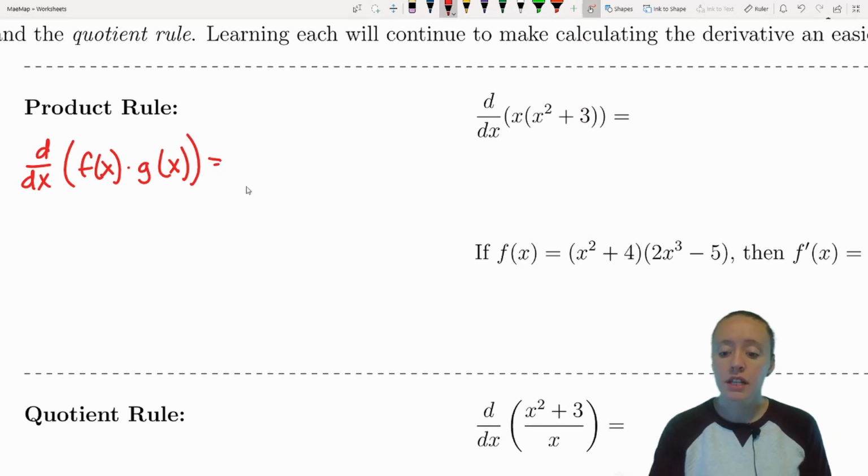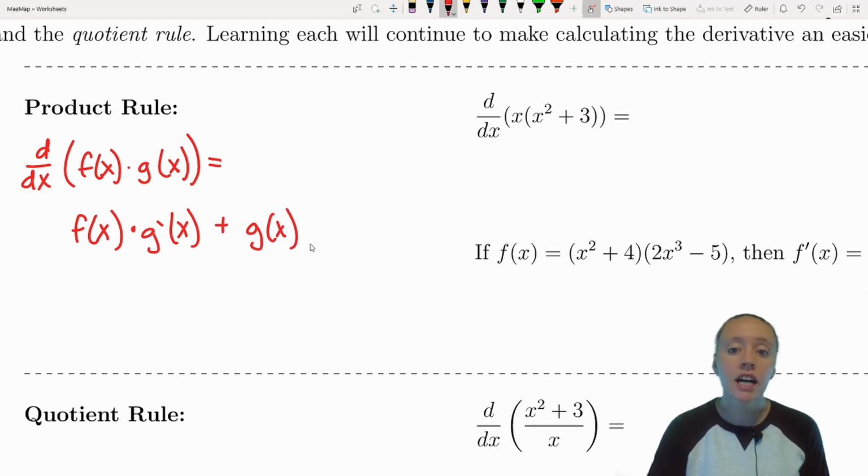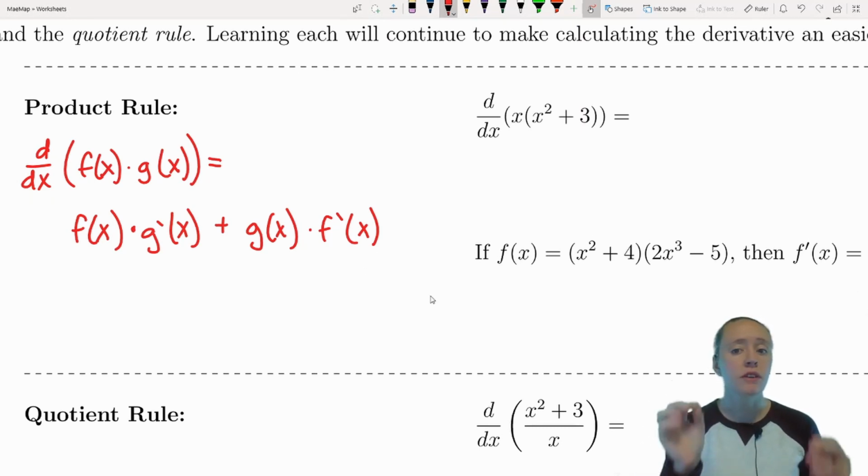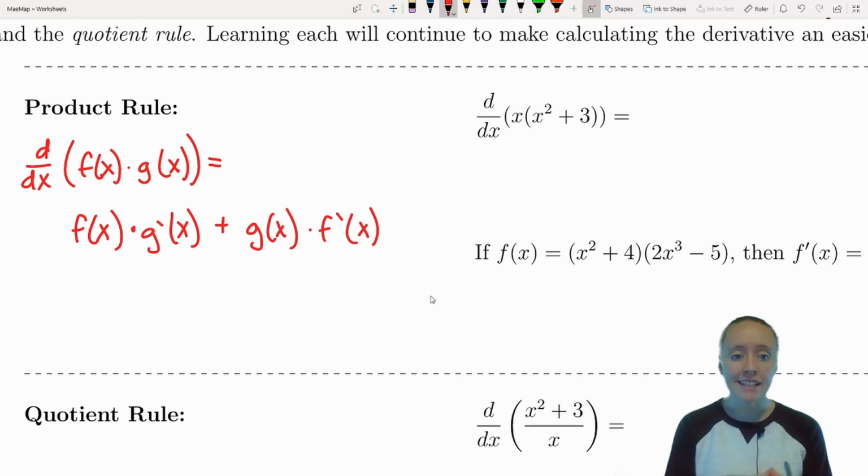We take our first function, f of x, and multiply it by the derivative of g of x, and then that gets added to our second function, g of x, times the derivative of the first function, f of x. And that's the product rule: our first function times the derivative of the second, plus the second times the derivative of the first.